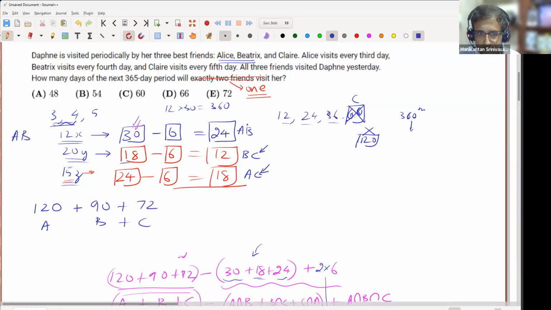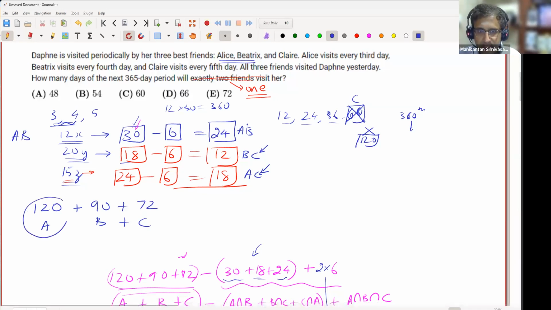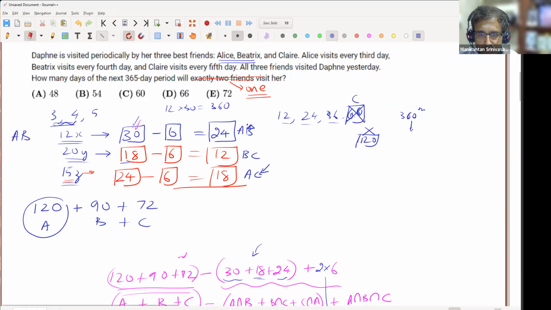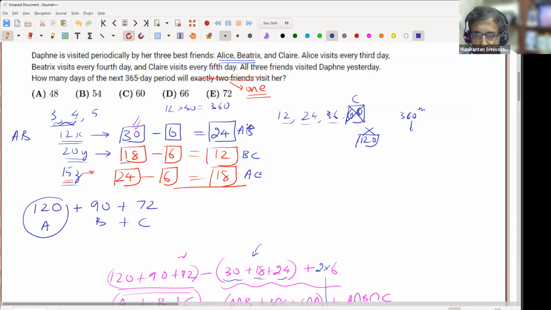Now, from this, I want to subtract those cases where 2 people attend. Or rather, from the 120 days that A attended, I want to subtract those cases where A attended with a partner. So A attended with a partner with AB and with AC.